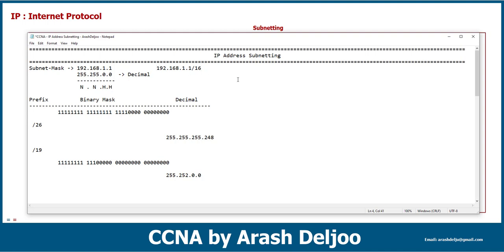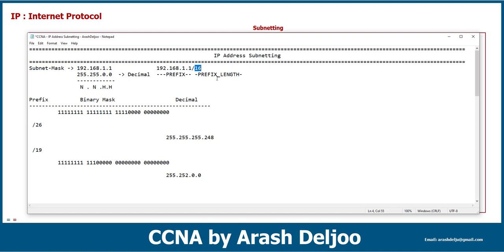We call it CIDR, or classless inter-domain routing. This is the prefix, or prefix length. Prefix length means the network length. Here the prefix length is /16, another method of presentation of the network part of an IP address.